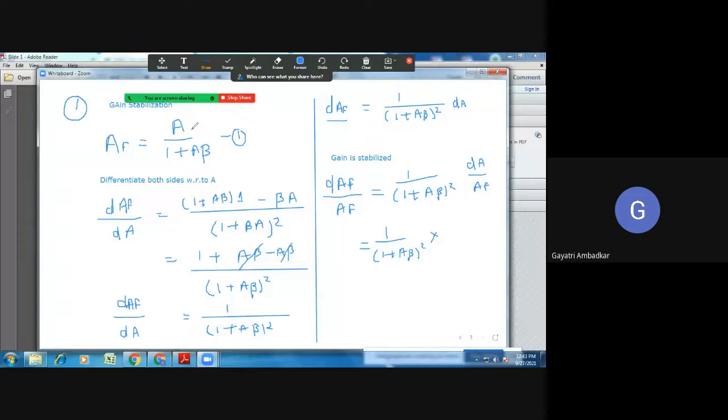This is AF given in equation 1: A upon 1 plus A beta. So this is 1 by AF, no? So this will become the reverse of this ratio: (1 plus A beta) upon A. This is 1 upon AF. So I have written the value of 1 by AF as the reverse of this ratio into dA.